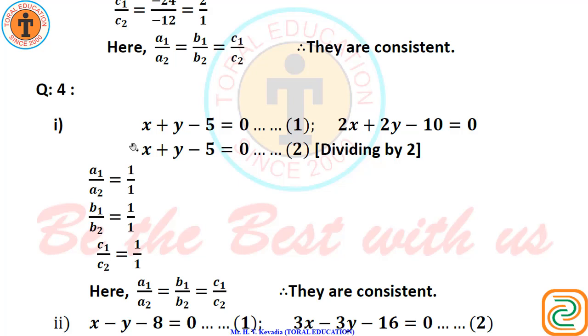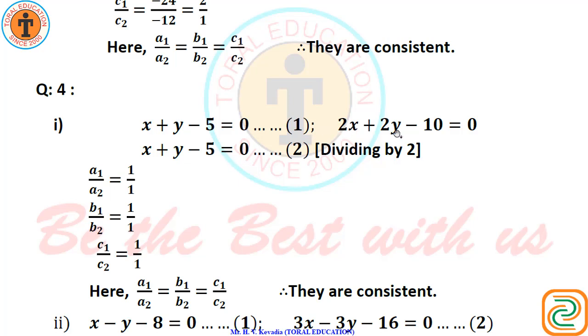x plus y minus 5 equals 0 and 2x plus 2y minus 10 equals 0. From this we can take x plus y minus 5 equals 0, dividing by 2. If we divide the second equation by 2, we get x plus y minus 5.